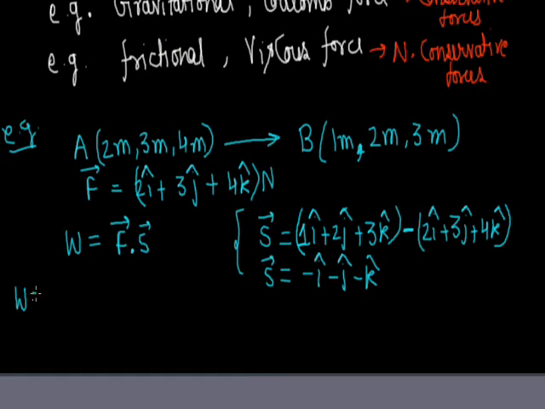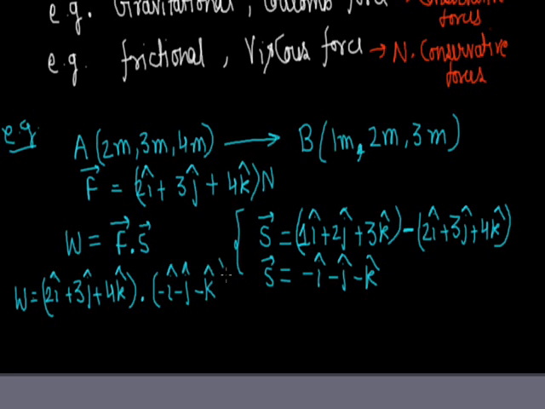So we get W equals force, put the value of force 2 i cap plus 3 j cap plus 4 k cap, dot, put the value of S, minus i cap minus j cap minus k cap. By finding the dot product of these two vectors, we get minus 2 minus 3 minus 4, which is equal to minus 9 joule.